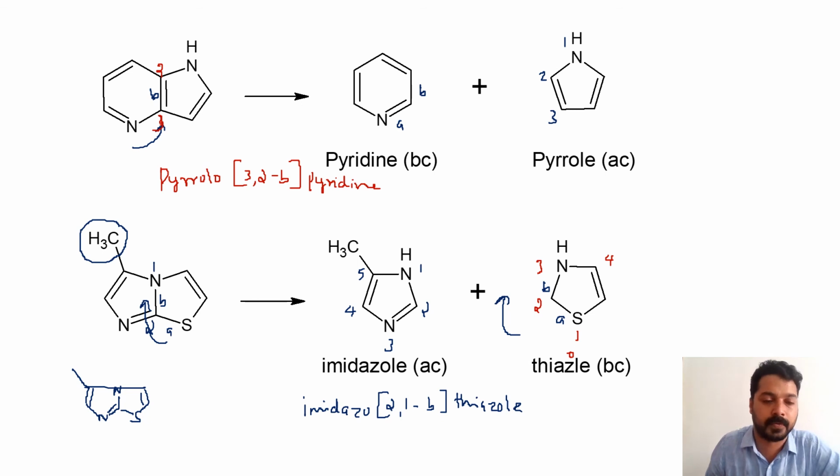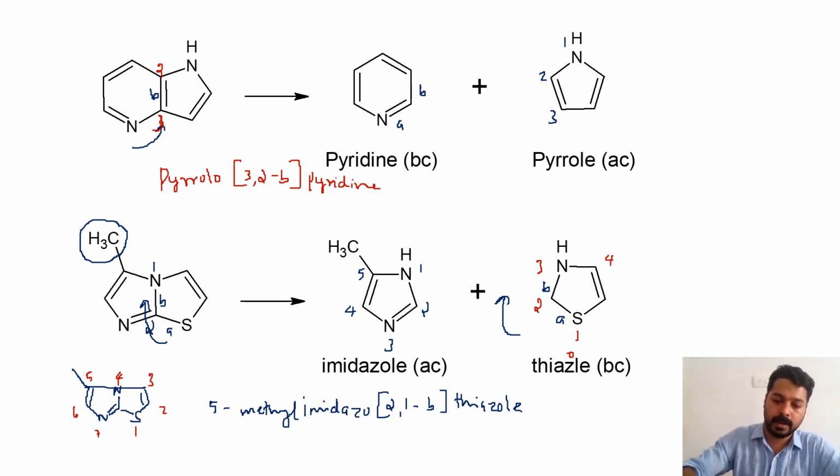We can start from sulfur, because for numbering, sulfur should get the first preference: 1, 2, 3, 4. So this will be getting 5, then 6, 7. In that way the name will be 5-methylimidazo[2,1-b]thiazole.